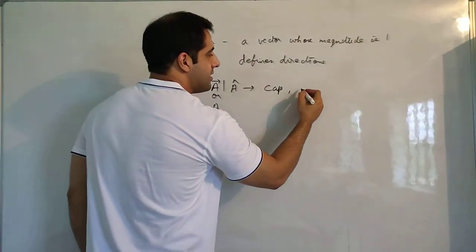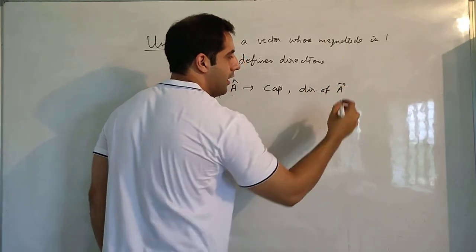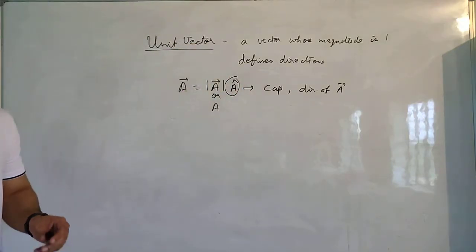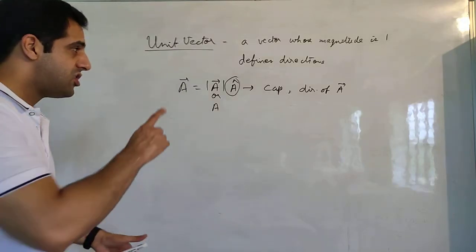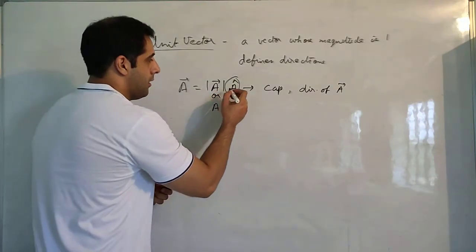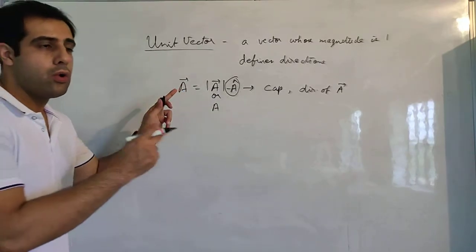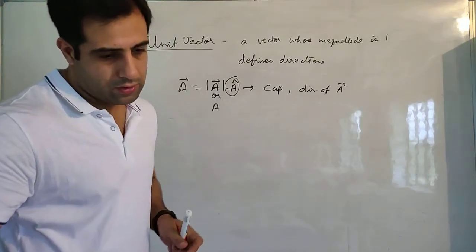What is it doing? It is giving us the direction of vector A. This unit vector is going to tell us the direction in which the vector A is moving. If I change A cap into minus A cap, then this will mean that this vector is now going in the reverse direction as opposed to the earlier case.